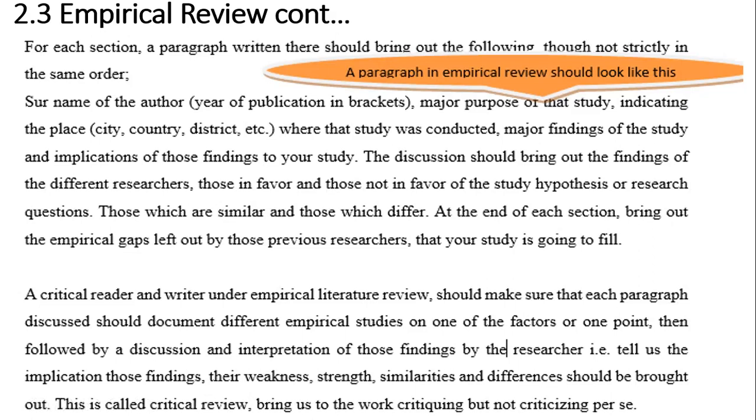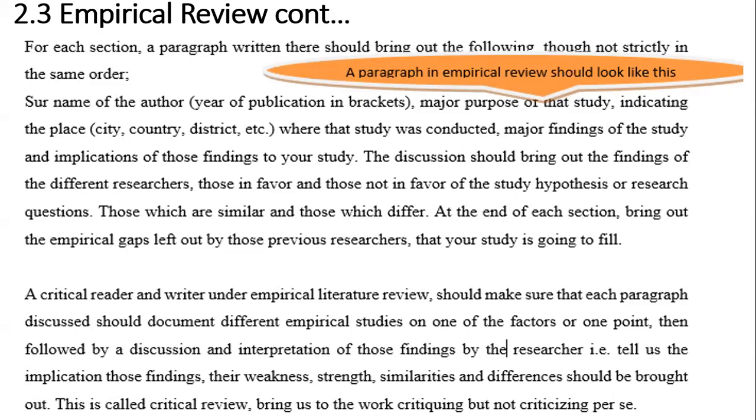That is where the discussion is rotating, to remain focused on a given objective. So at the end of each section of empirical literature review, you bring out the empirical gaps left by those previous researchers that your study is going to fill.